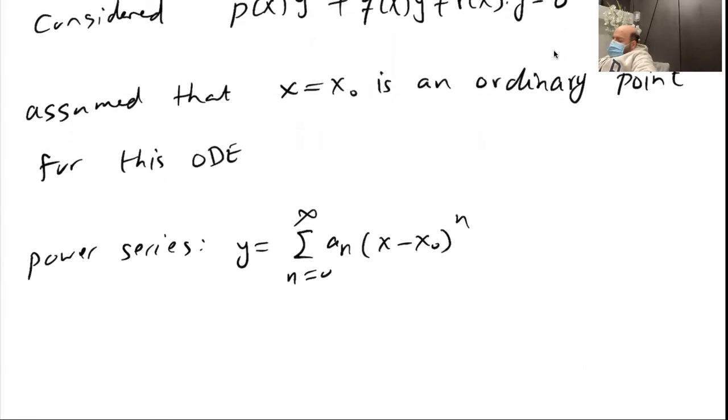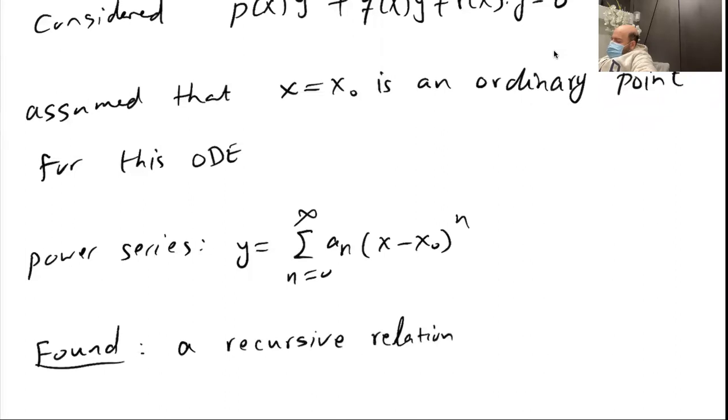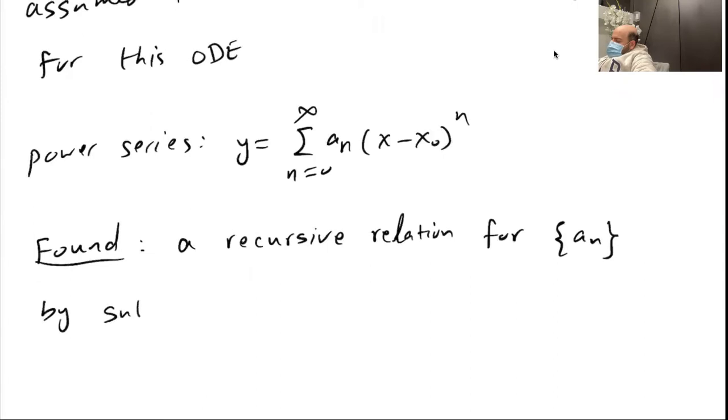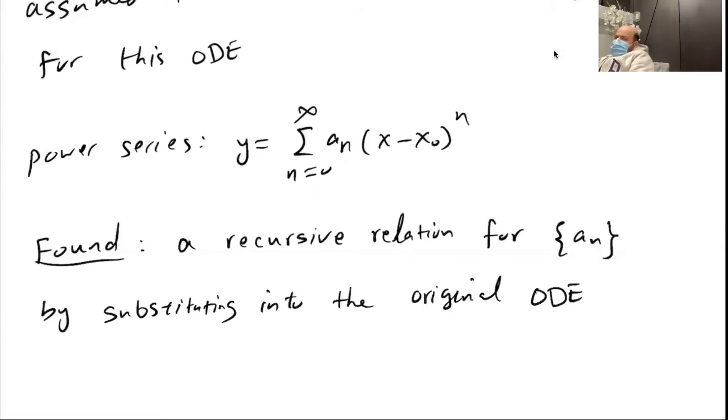And in order to find the coefficients an, we substituted back into the ODE, and we found a recursive relation for an by substituting into the original ODE. And then we found these coefficients using this recursive relation.